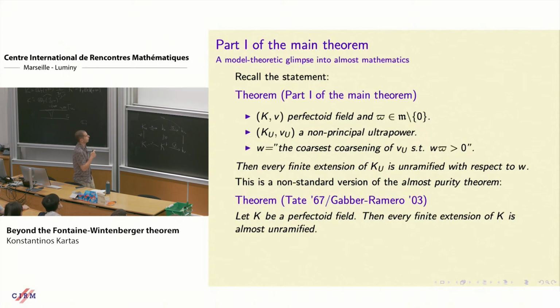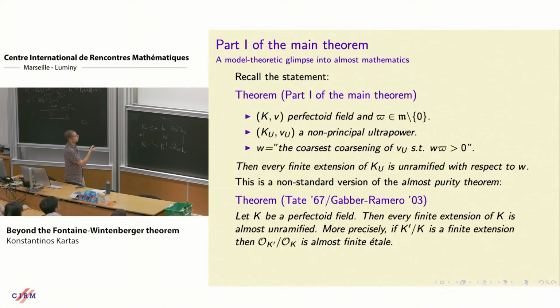So I have to explain what this almost means and why it's related to the previous version. But actually, this terminology is not used. In almost mathematics, people do not say that a finite extension of valued fields is almost unramified. Usually, this is captured by saying that the extension of valuation rings is almost finite étale.